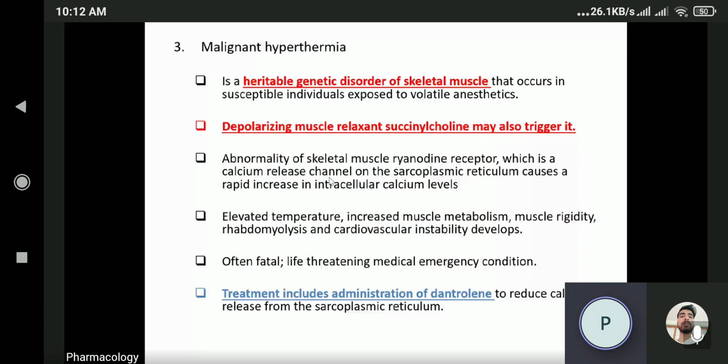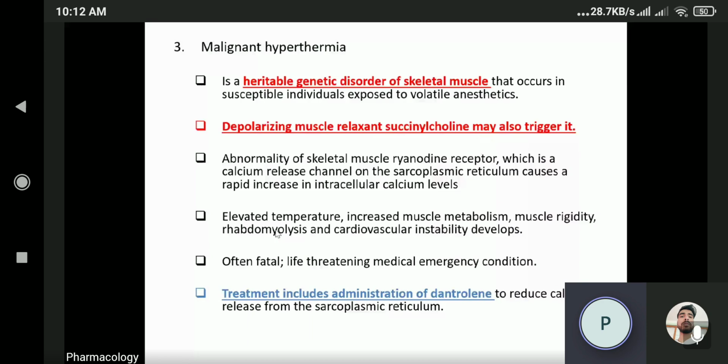Because of this abnormality, there will be more release of intracellular calcium, and when there is a much higher concentration of calcium in the cell, mainly in the skeletal muscles, it causes elevated temperature. That's why it is called hyperthermia, malignant hyperthermia.